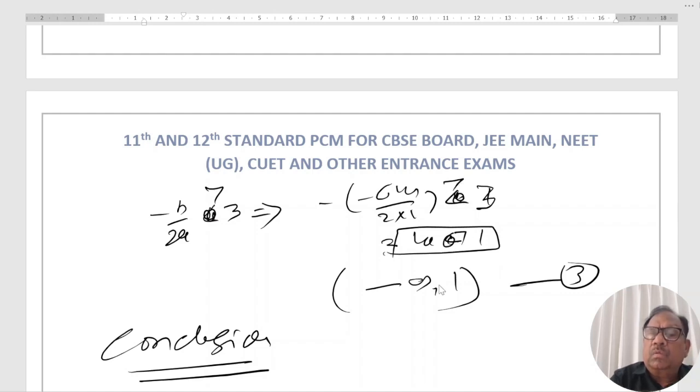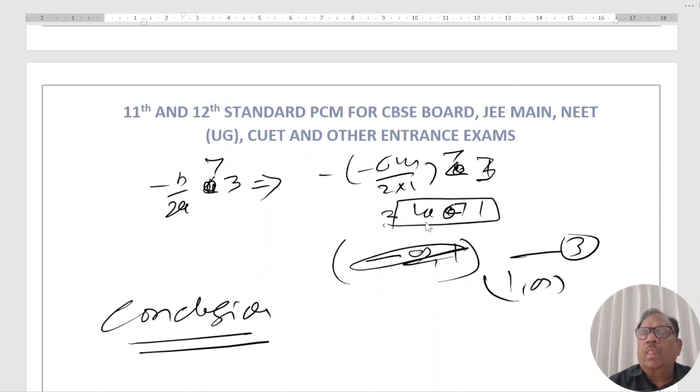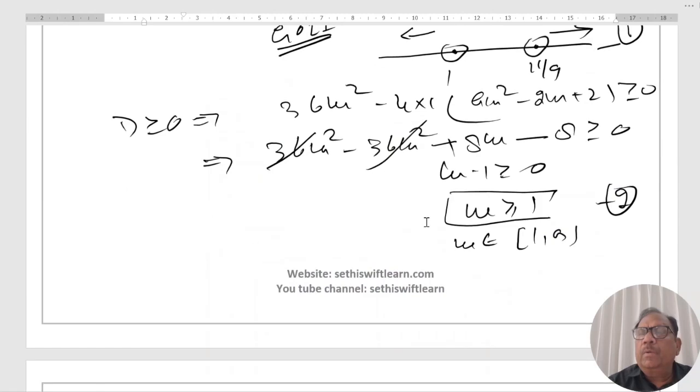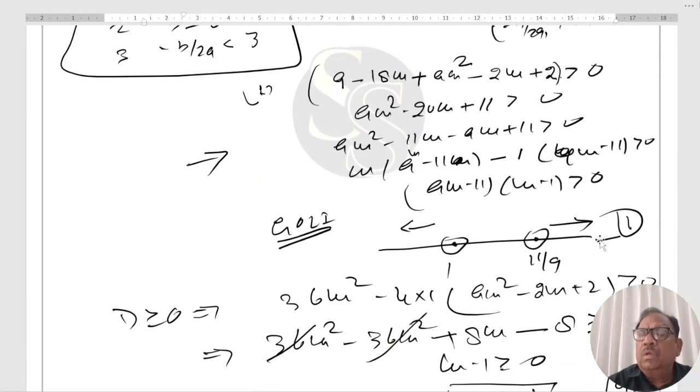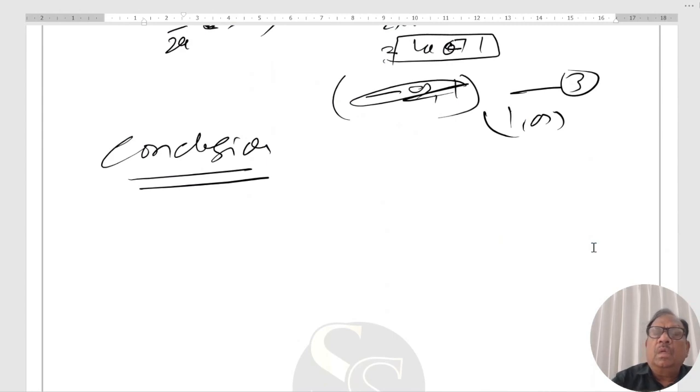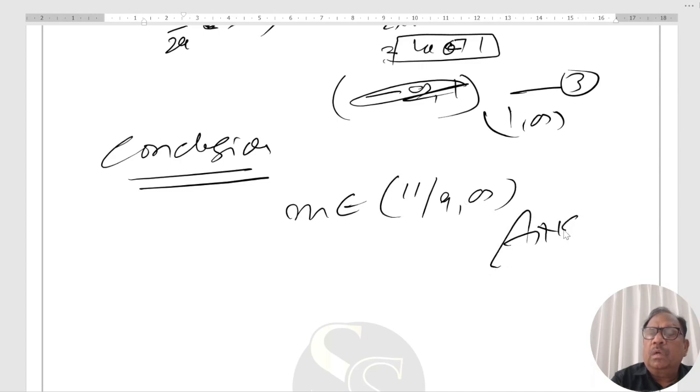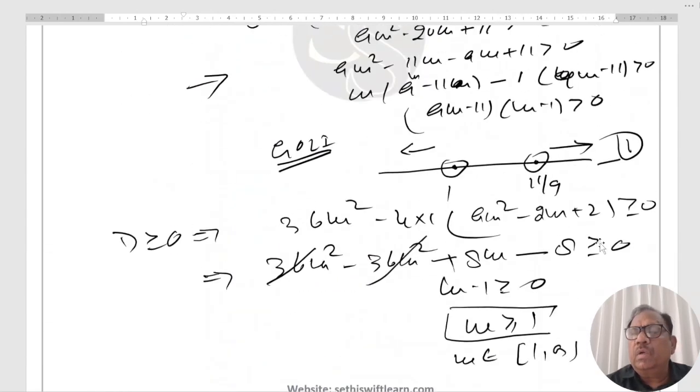This comes out to be greater than 1. This will come out to be 1 to infinity. Right? Now conclusion. 1 to infinity, 1 to infinity, and this is. So conclusion is m should belong to 11 by 9 to infinity. That is the answer. 11 by 9 infinity.